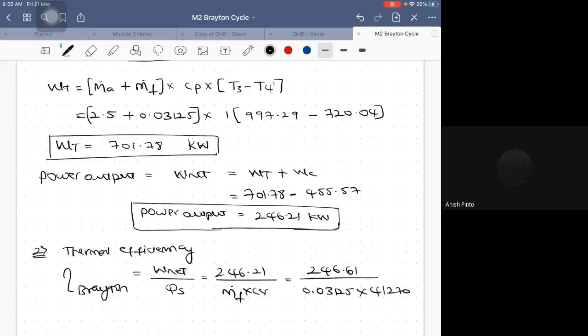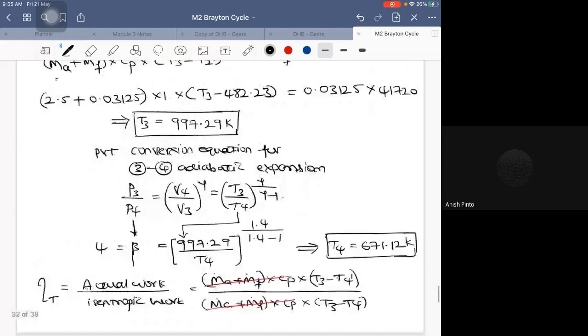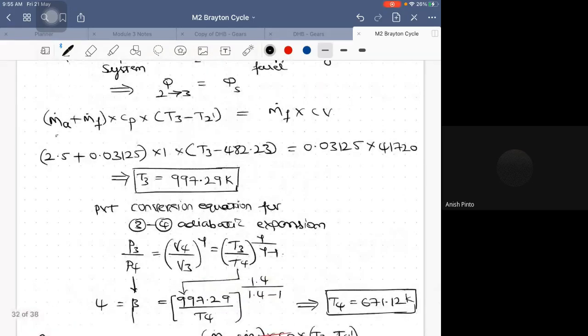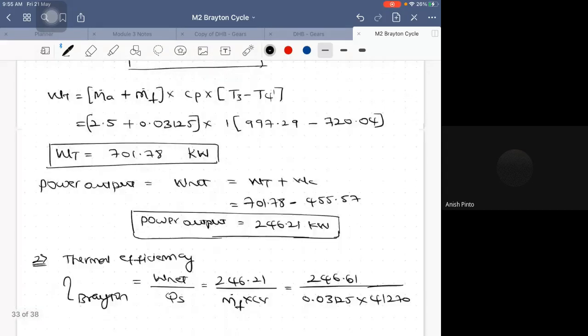Just check the value. I have not checked. So if you multiply the whole thing by 100, you will get it in percentage.